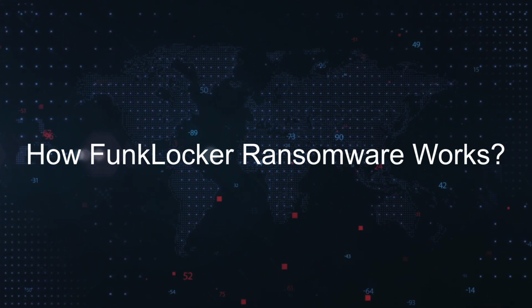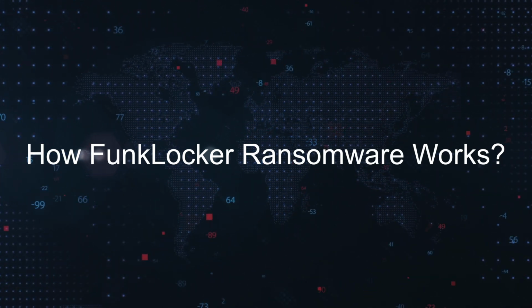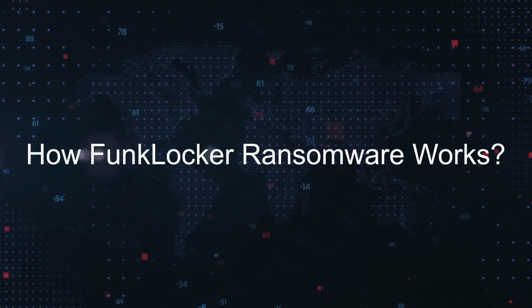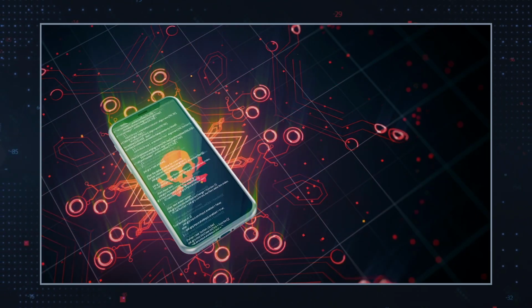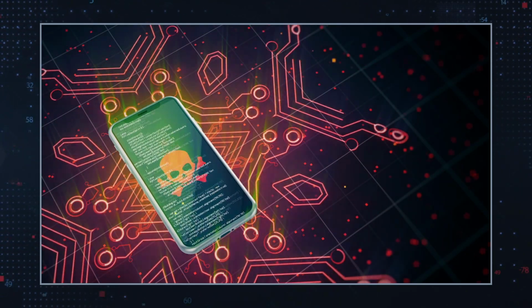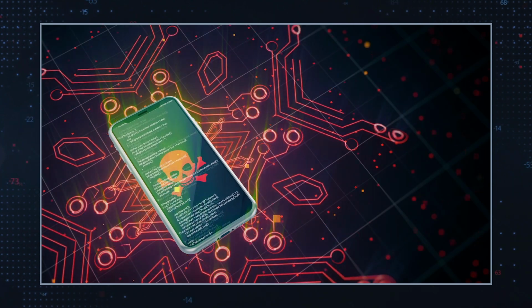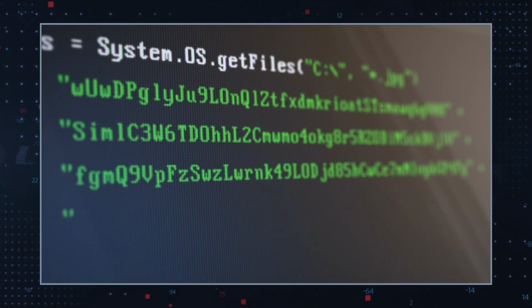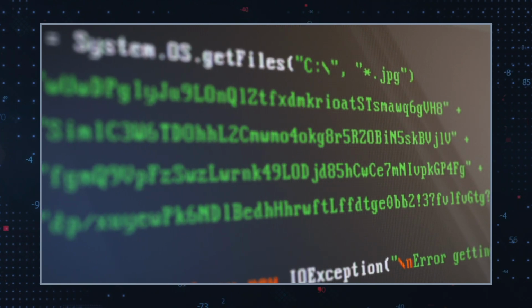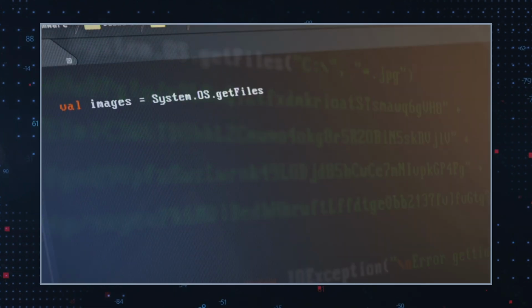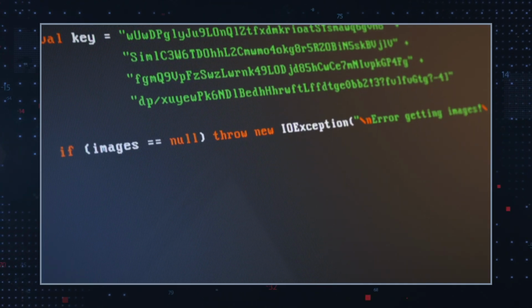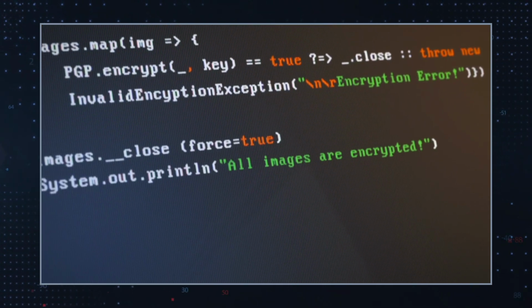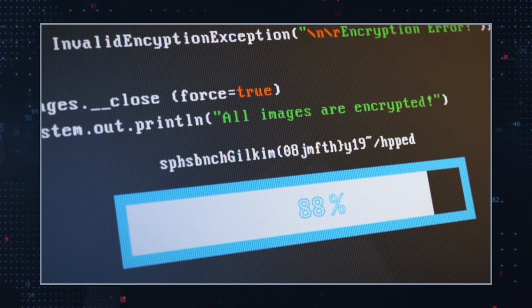How FunkLocker Ransomware works? Upon infecting a system, FunkLocker initiates a series of actions aimed at encrypting files and intimidating the victim. File encryption. FunkLocker scans the system for various file types, including documents, images, and databases, and encrypts them using robust encryption algorithms.